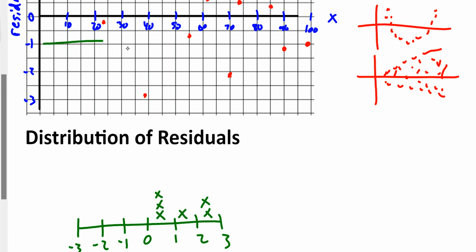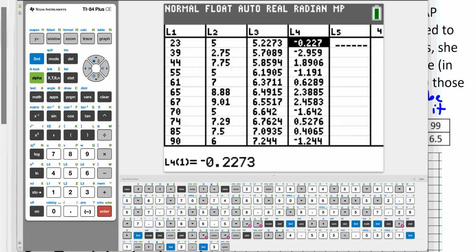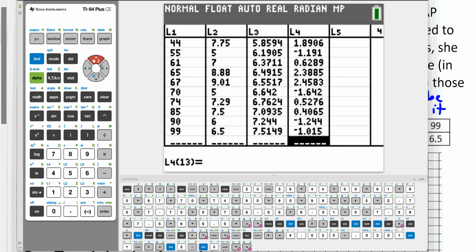I didn't add those on here, but we have, ooh, there's one that's real close there. What was that, 99? Go back to our data. Oh, that's not the right one. 99 was 6.5. Wait, the residual for 99 is negative, whoops, well, it's past -1, so it's over -1.